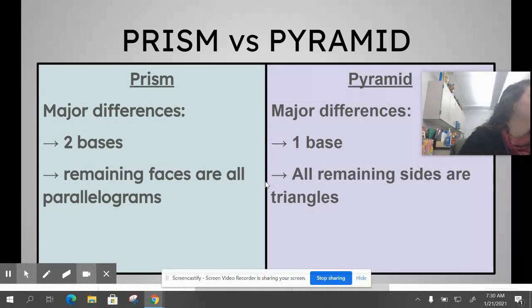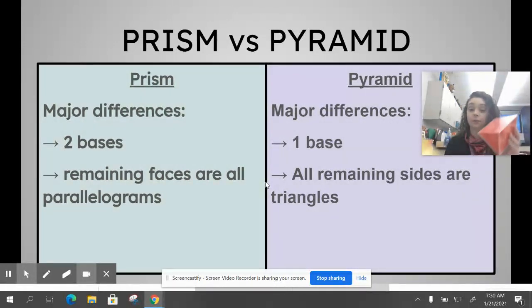Then if we were to look at this triangular prism, we have two bases that are the exact same shape, and then all of our sides are parallelograms. So that's the difference in the two shapes. One base, two bases, all the sides are triangles, all the sides are parallelograms.